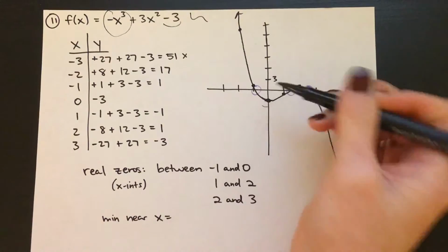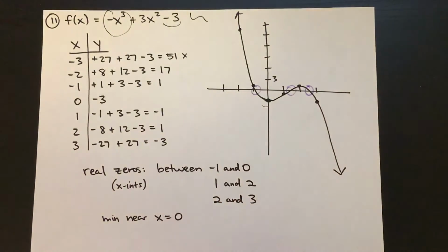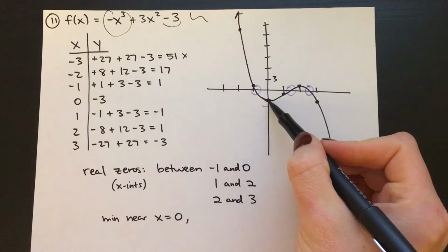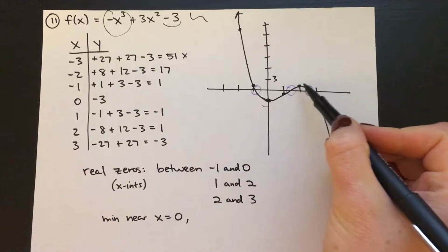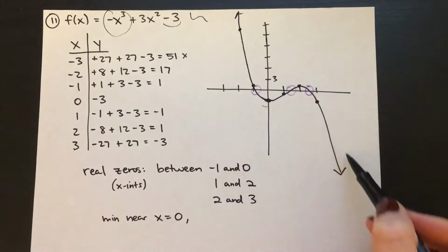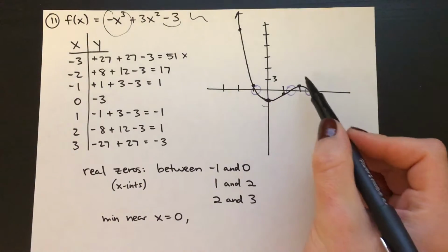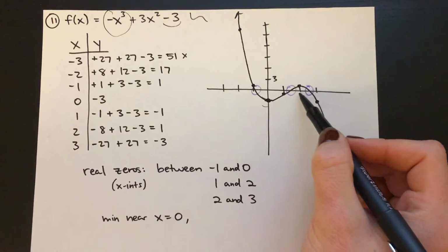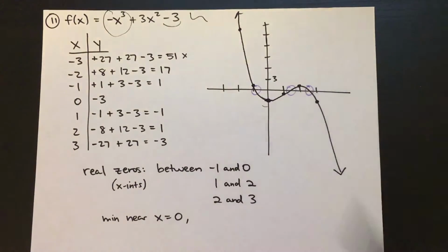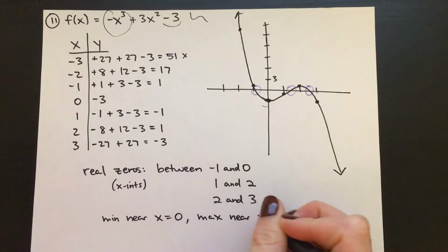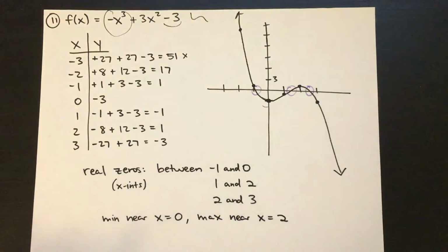You can just trace it back to the x-axis. So again, we're going down. Here's a turning point because it turns around and starts going up. And then this is also a turning point because it turns around and starts going down. So we consider that to be a max. It's kind of a little peak in the graph. And that x value would be 2 because here's 0 and 1 and 2.